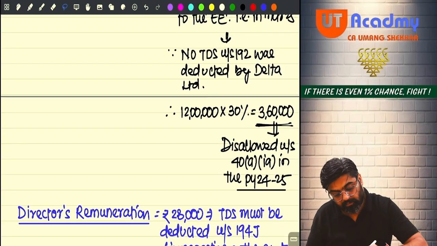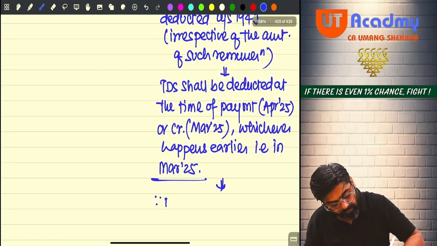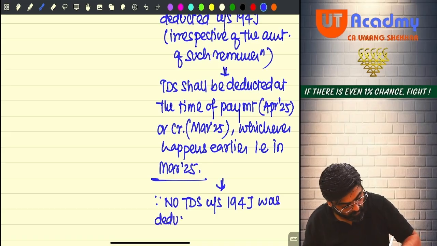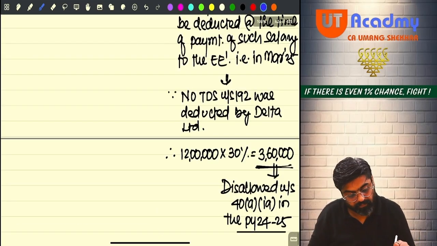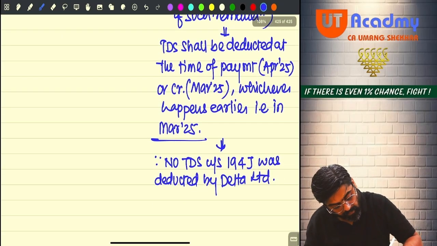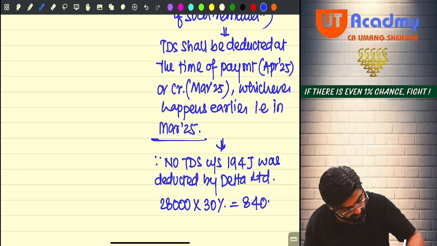Since no TDS under section 194J was deducted by Delta Limited, okay, so what we will do now? 28,000 into 30% is equal to 8,400.